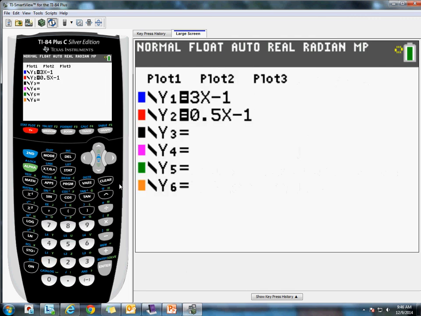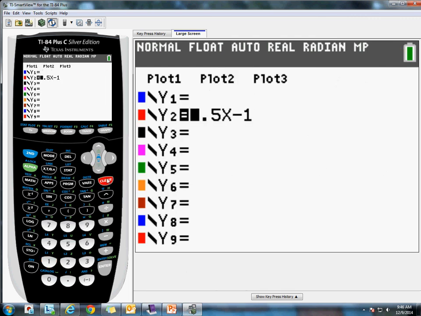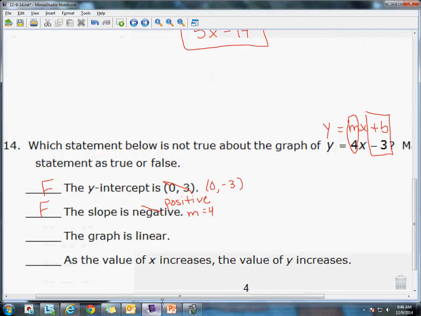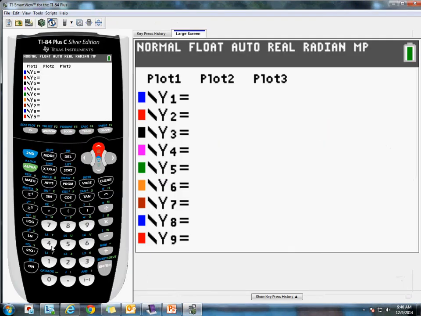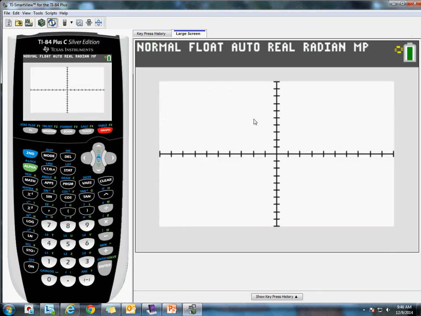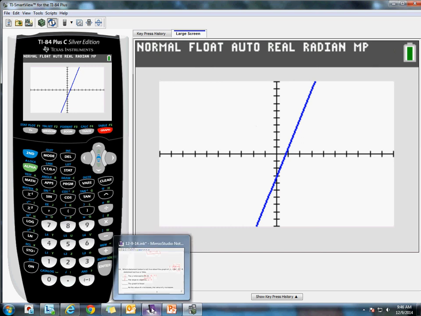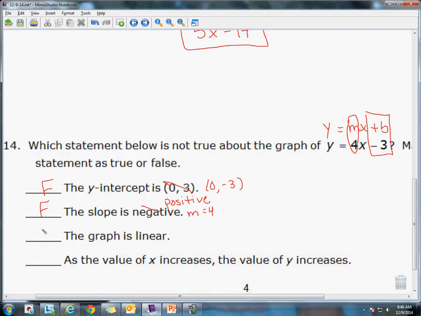You can clear out what we have in there. And so if you look, our equation was 4x minus 3. So y equals 4x minus 3. When you look at your graph, linear, the key word in linear is line. You have a straight line, so this equation is going to be linear.